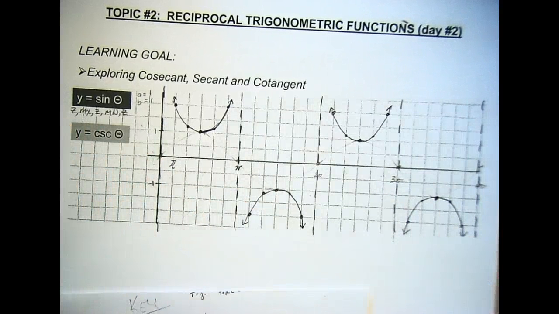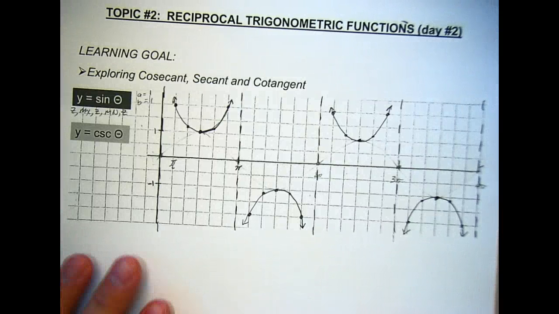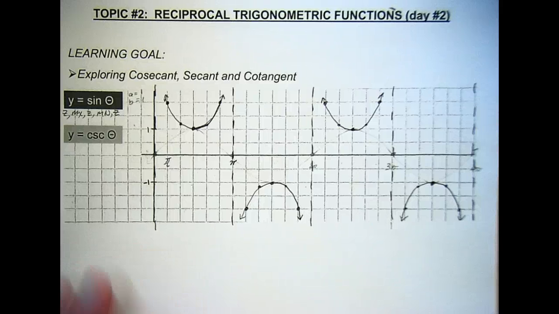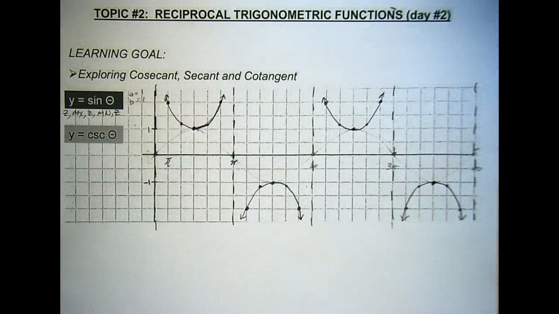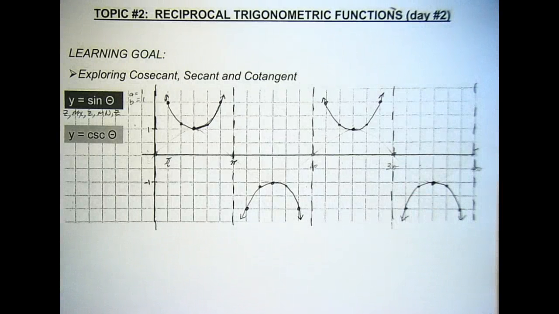But you don't usually see that other part. So that's the actual cosecant graph. Isn't that cool? Should we erase it? You can erase it. This is your note page. So if you want to leave it on there, that's fine. But when you're doing your assignments, I don't want you to leave it on there. Any questions?